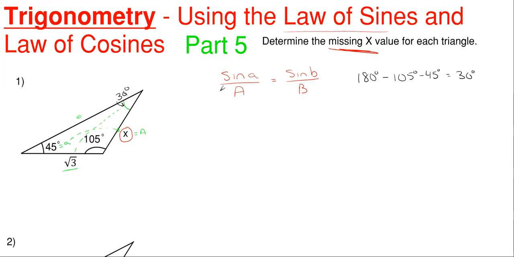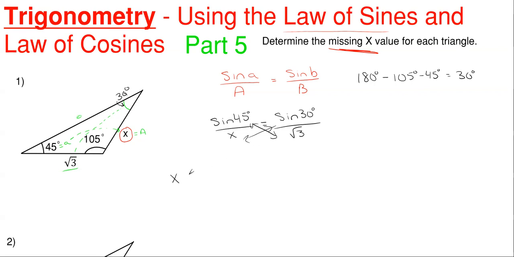So what we can do is set up our law of sines such that this is true. We would have sine of 45 degrees over my side of x, the side that is opposite that angle, is equal to the sine of my new angle that I just found, which is 30 degrees, divided by the side that is opposite that one, which is the square root of 3. We just need to find x, so we can rearrange here: cross multiply and then divide.